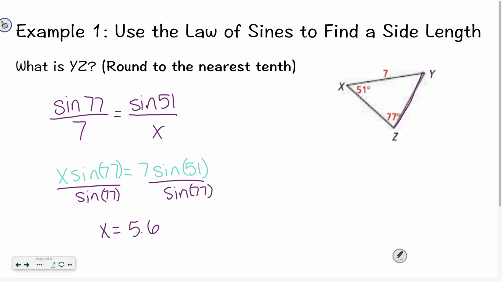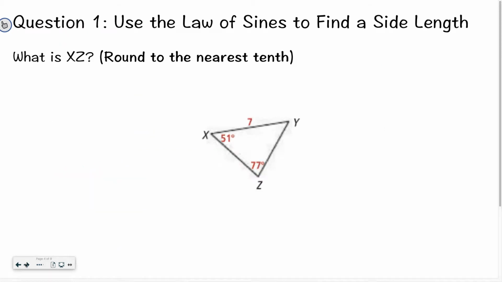If you have questions on how to plug that into your calculator, please be sure to reach out for some help. But you can plug this entire thing in all at once. So if you tried to plug that in and you did not get 5.6, let me know so I can help you learn how to more effectively use your calculator.